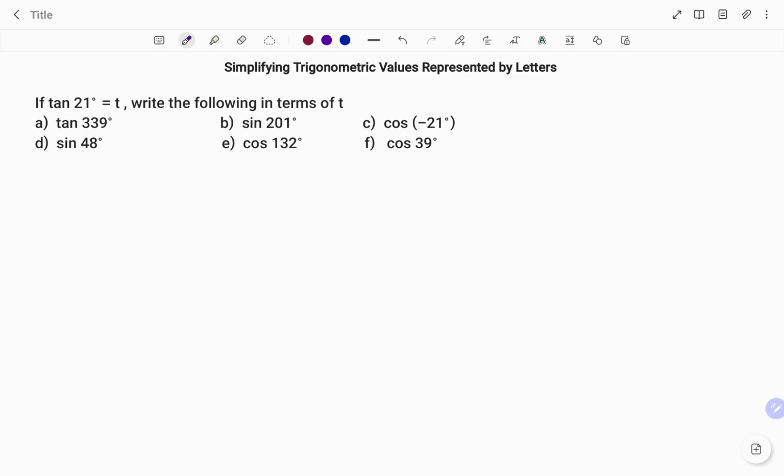We're starting with tan 339 degrees. As noted earlier, we can use reduction, cofunction, compound or double angles, trig identities, or trig ratios. So to break down 339, I'm going to draw my CAST diagram in order to determine which quadrant 339 falls into.